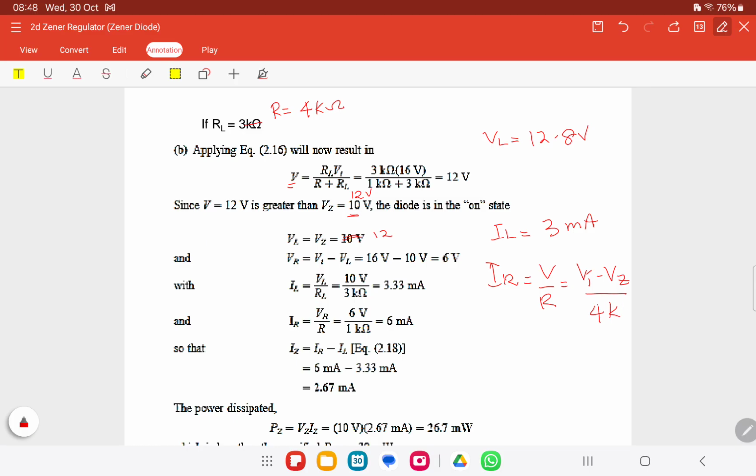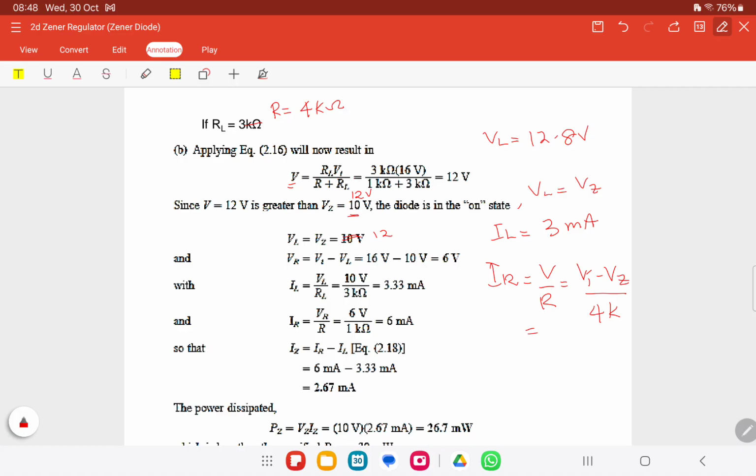Dia comes from the concept yang basic. V equals to IR, and then you manipulate kat situ, you dapat VI minus VZ over 4K. Remember, once we dah consider, kita dah determine diode is on, kita guna value VL equals to VZ.